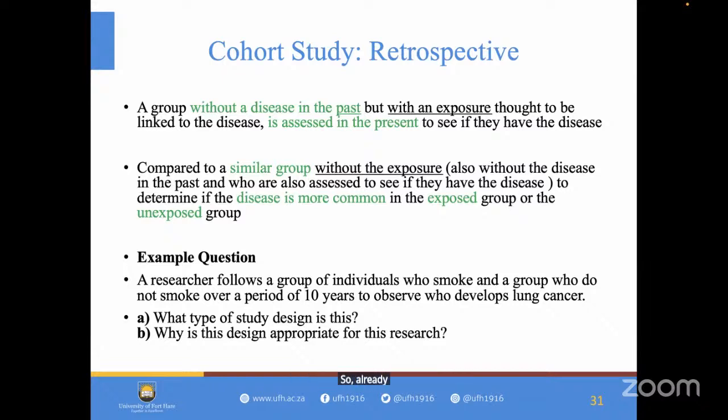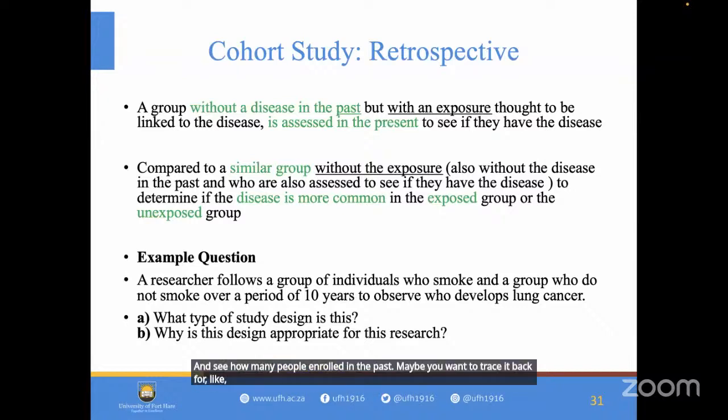So already they have the disease of HIV, but now they're on treatment. And you want to investigate how many of them have stopped coming for their treatments. So what do you do? You go back, take the clinic records and see how many people enrolled in the past. Maybe you want to trace it back for the past 2 years or the past 1 year.